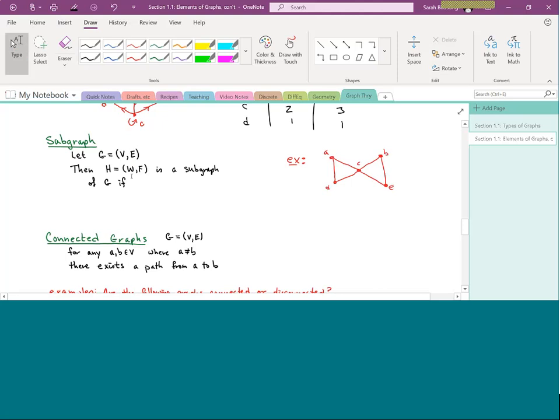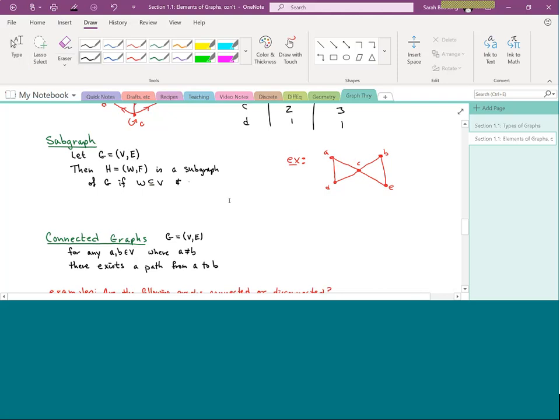Your subgraph would also have a vertex set and an edge set, but its vertex set, W, has to be a subset of the original vertex set. In other words, the only vertices you're allowed to use are vertices that were in the original graph. Some people grab all of the vertices and they don't like to change it at all. That's totally fine. Some people only grab some of the vertices, and that's also okay. Now, the second condition is on the edge set.